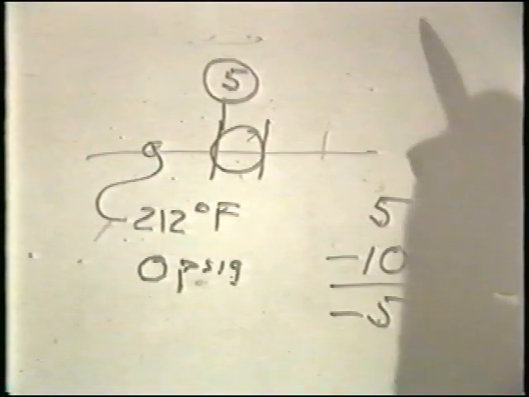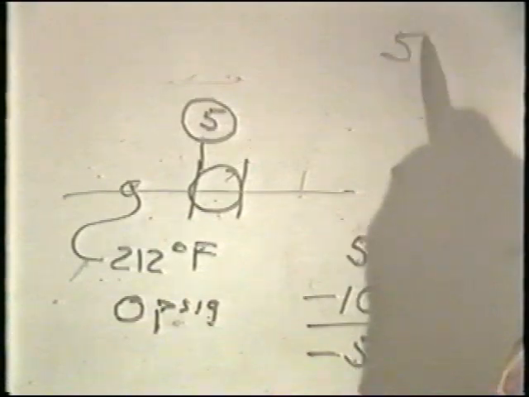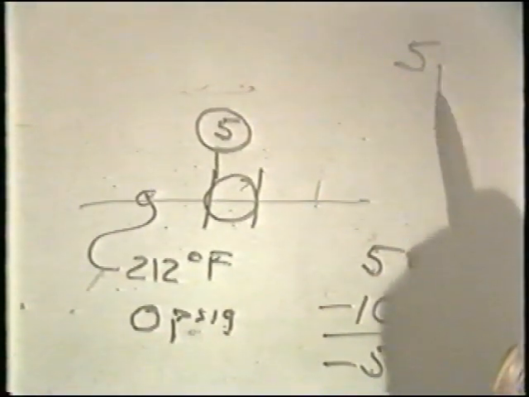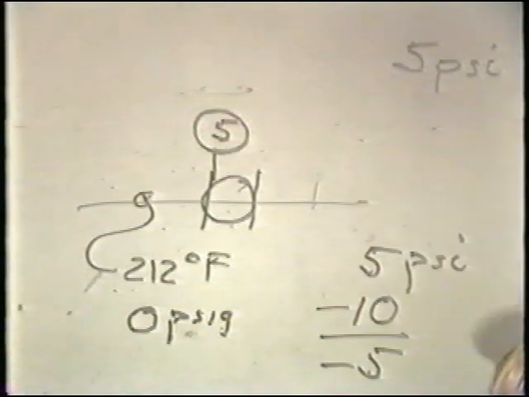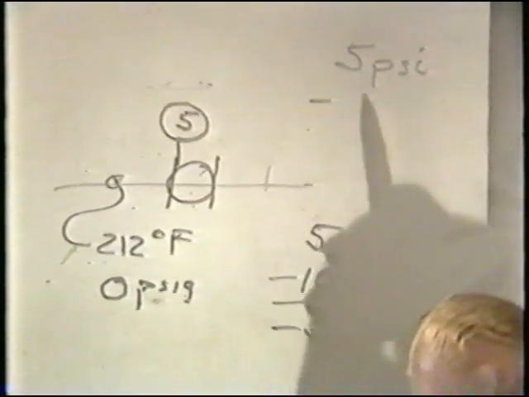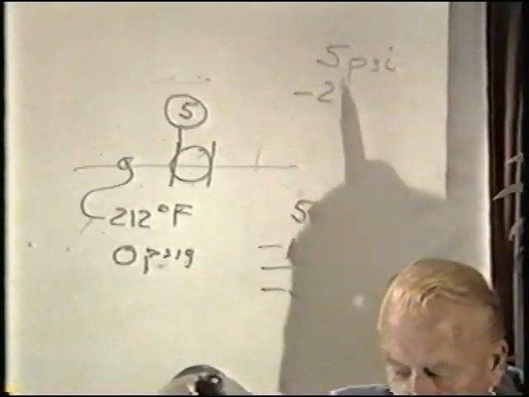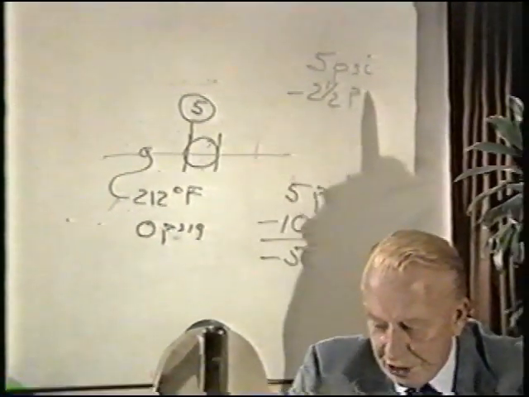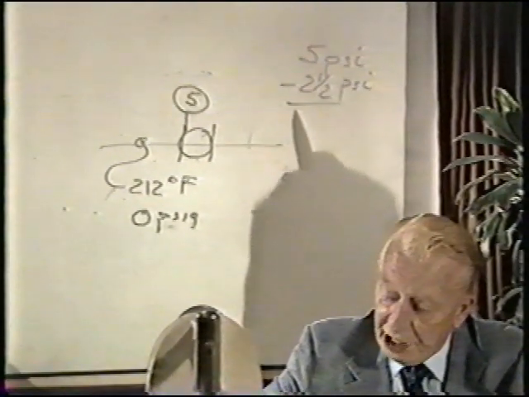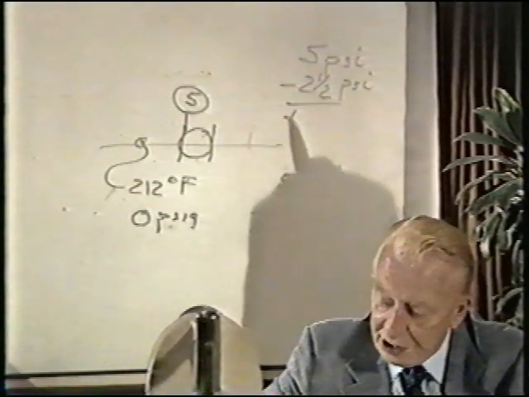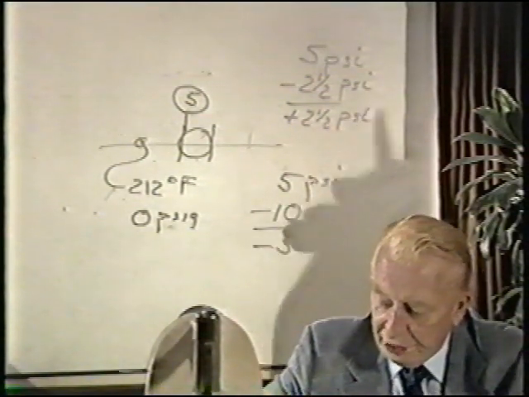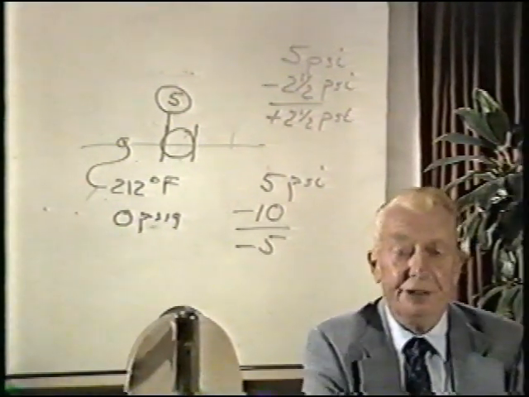On the other hand, let's take the same condition. We have 5 psi available again at the pump suction flange, but we select a pump which has only 2.5 psi as pressure drop. We would then have plus 2.5 psi over and above the liquid flash point.